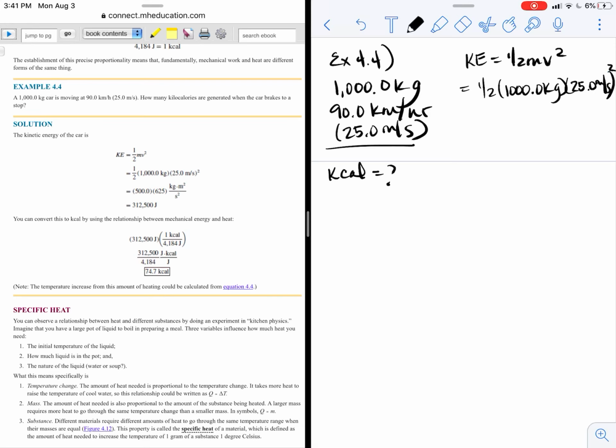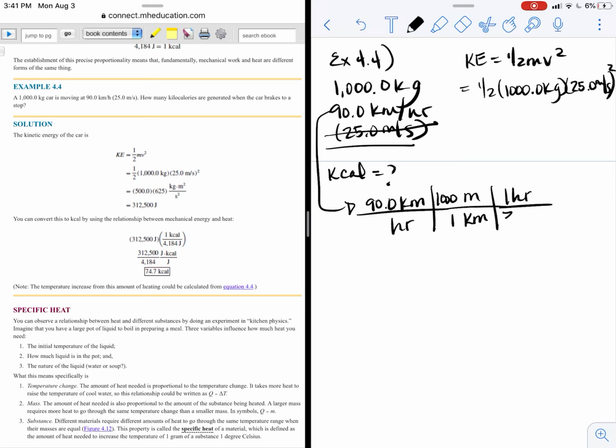And I'm going to show you really quick what you would have done had it not given you that, just in case there's one like that on the homework. All right, so let's start with our kilometers first and go to meters. For every 1 kilometer, there's 1,000 meters.